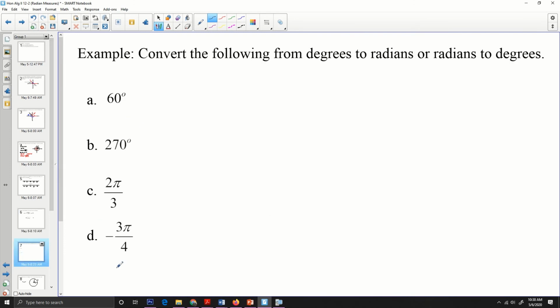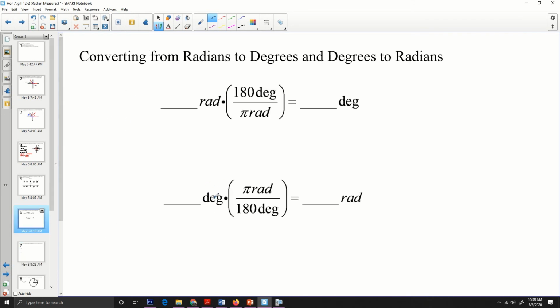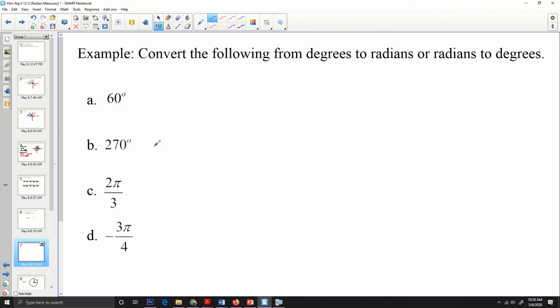I want to convert the following from radians to degrees or degrees to radians. Since I start with a degree question, we'll have degrees to start. I am going to say that I have 60 degrees, and I'm going to multiply that by 180 degrees over pi radians.